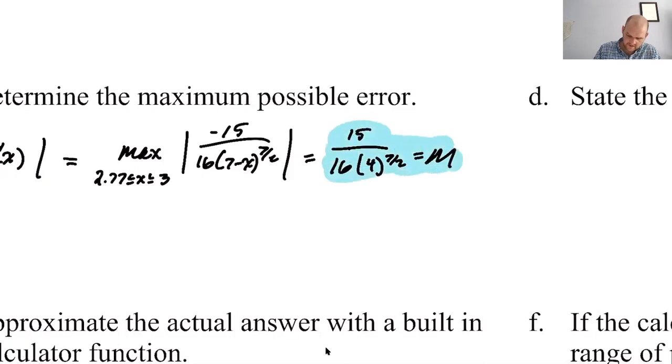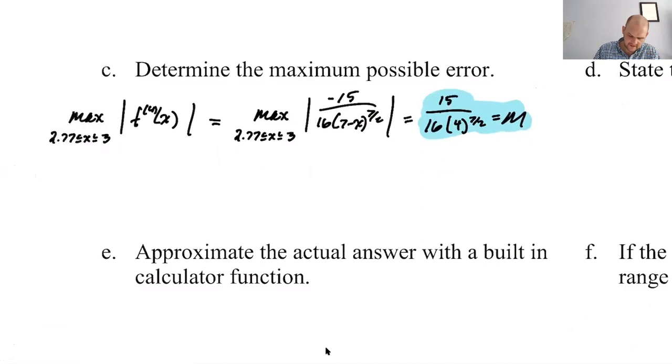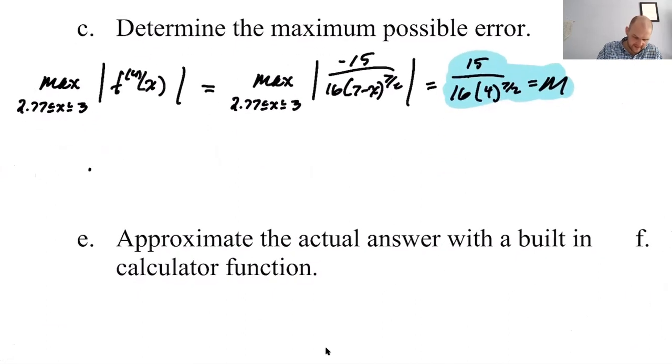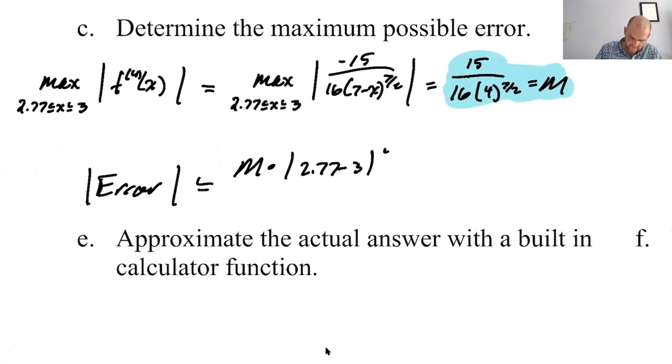That's our m value. And then the absolute value of the error is less than or equal to, I'm going to write m because I don't want to handwrite that, absolute value of 2.77 minus 3 to the 4th over 4 factorial. Did I do this wrong on the calculator? I feel like I used 5. Did I?